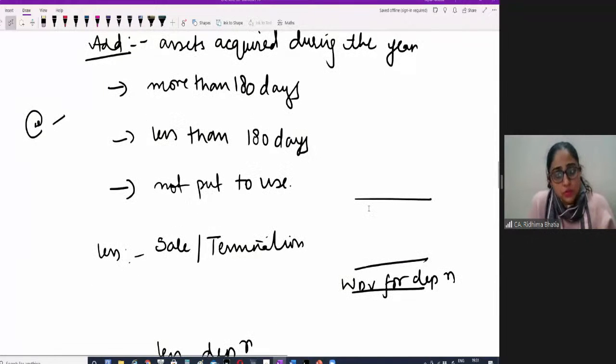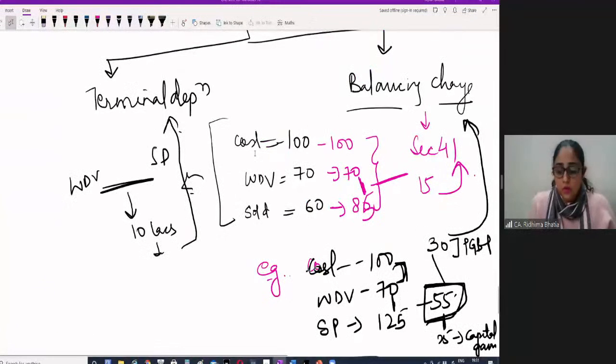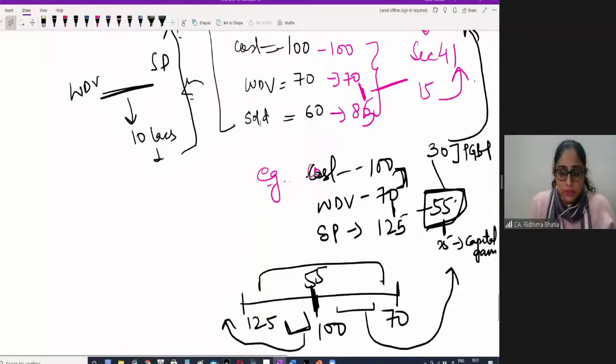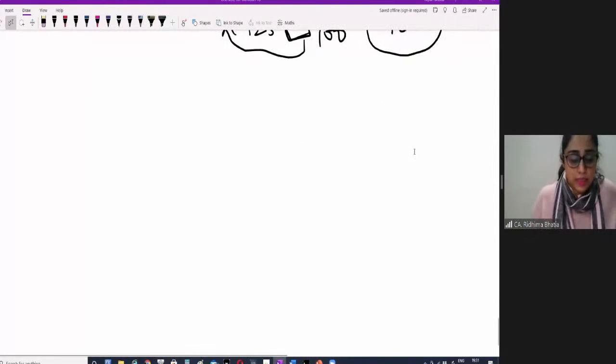In normal things also you do. So in here also, when I'm talking about your balancing charge and terminal depreciation, you have to consider the same thing. I will also come to the block of assets ceasing, but before that, please try understanding this. Again, we'll take a simple example.